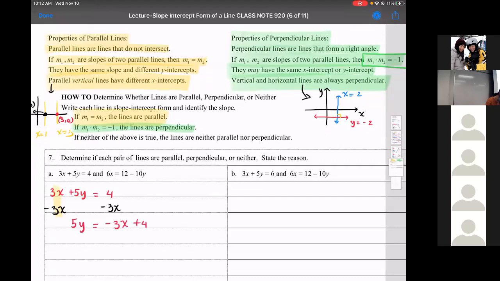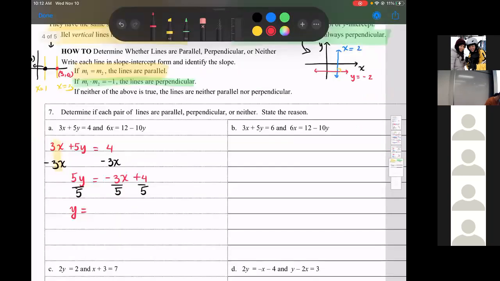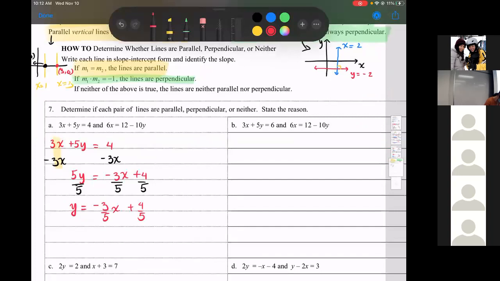What's the next step? Divide by 5. I have y equals -3/5 x plus 4/5. So what is the slope here? -3/5.